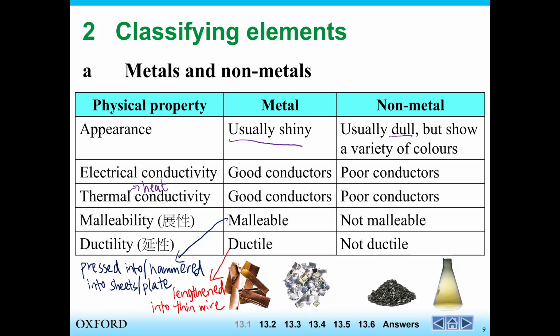That's the meaning of ductility. So metals are both malleable and ductile. Here, for example, you could see copper metal is both malleable and ductile. Non-metals, on the other hand, are not malleable and not ductile.